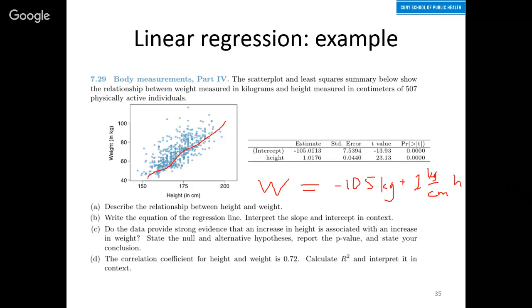There's going to be some non-linearity as you get down to children and infants. I'm just trying to picture it on the graph, because by definition the y-intercept occurs where x is 0. Here x is 150, so 0 is going to be somewhere way over here. You would have to continue this line all the way. I can't draw very straight, but it would be somewhere way down here.